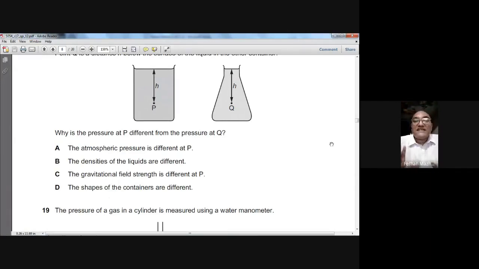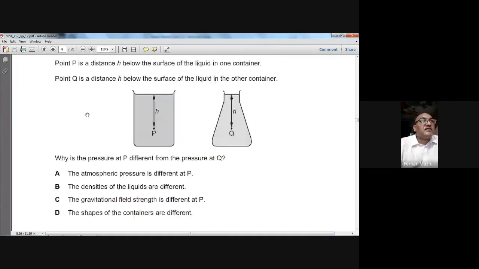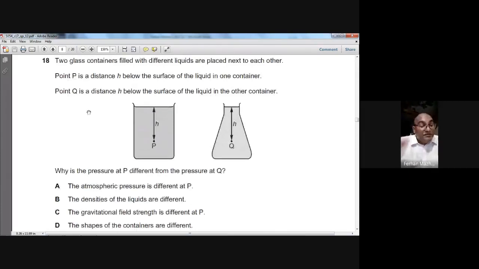So why are the pressures still different? The reason is that they have different densities. So B is the choice. The densities of the liquids are different. For 18, B is the choice.